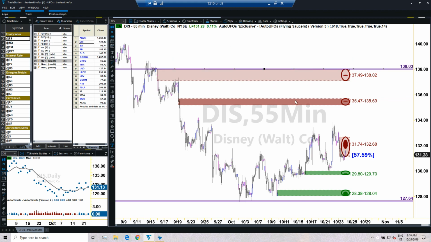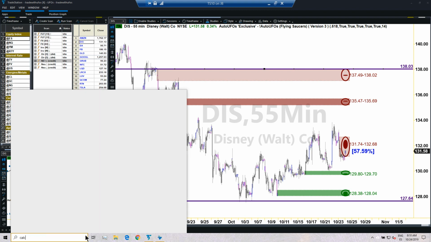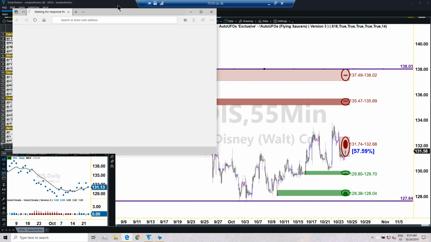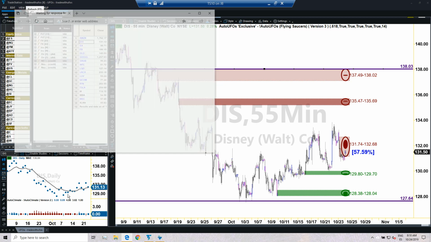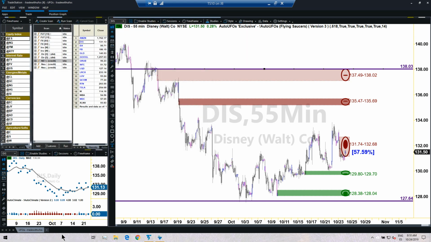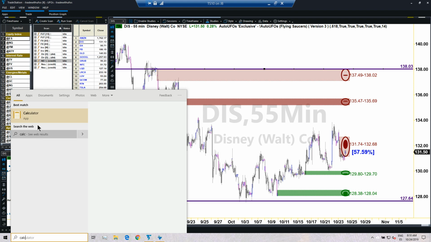So it's clear that on the upper end we would be using 138. If you do the math, oh interesting, I didn't want to open Edge, I wanted to use the calculator. Here we go.